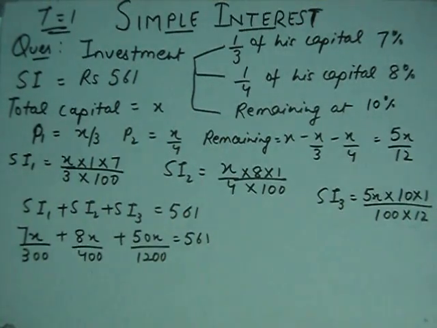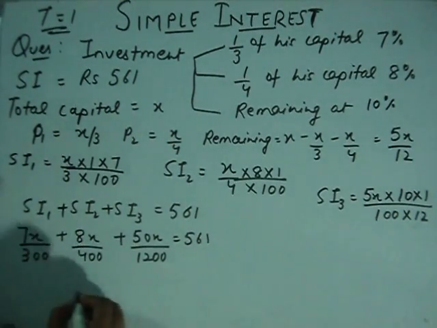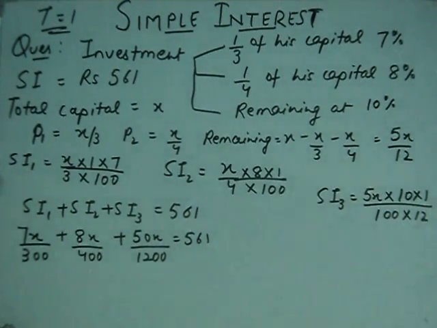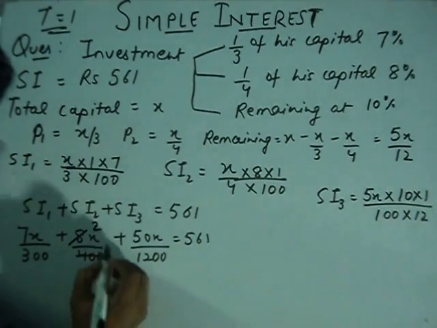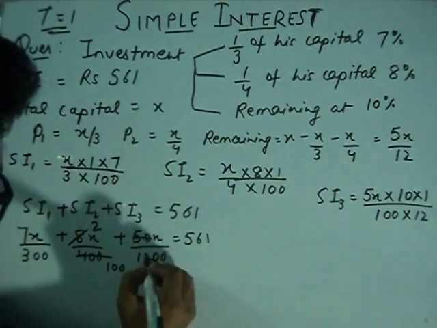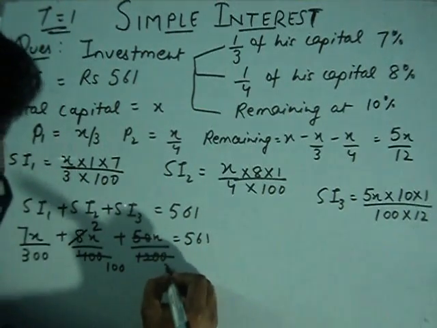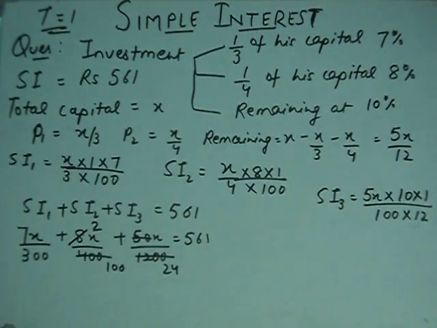After this, after taking LCM and further steps, we cancel it out like 2 by 100, this would be 24, x by 24.